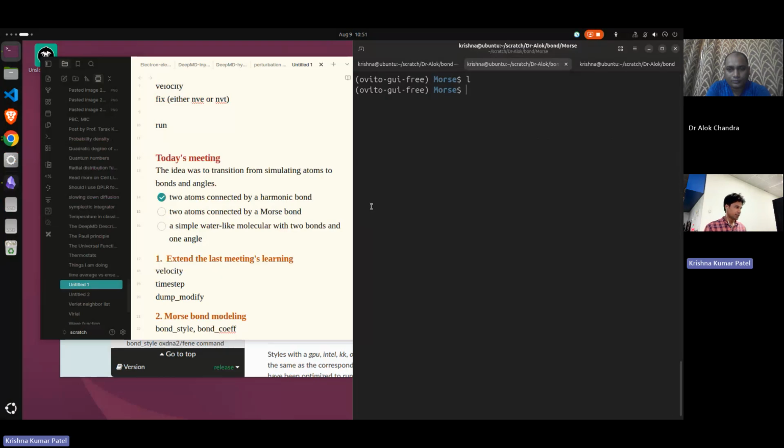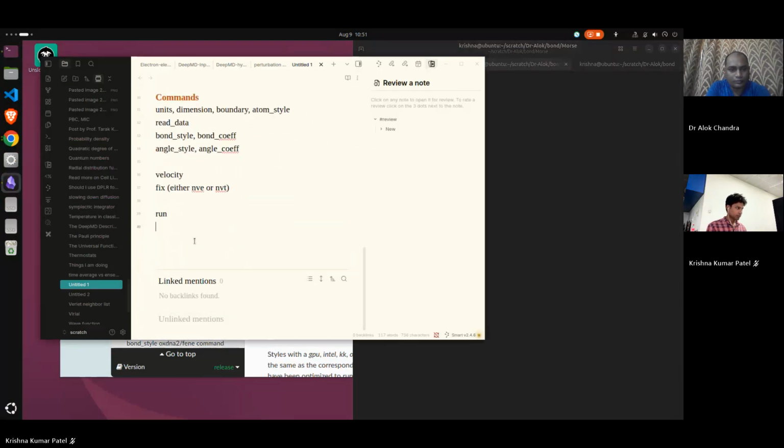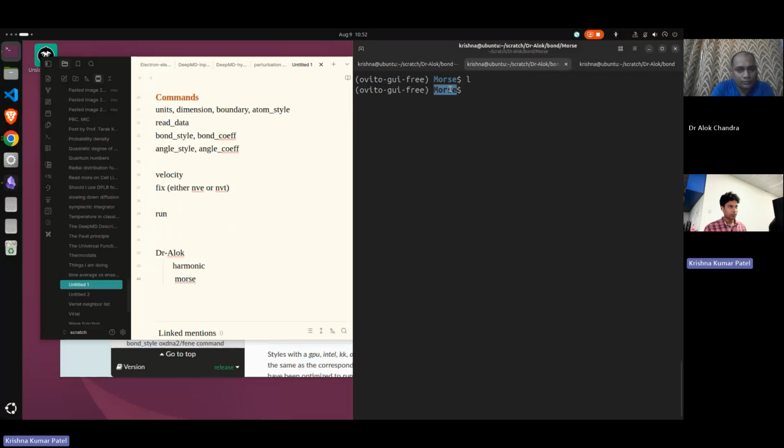Here is what the directory structure looks like. We have Dr. Alok, and then we have harmonic, and then we have Morse, and we are currently in Morse, right?